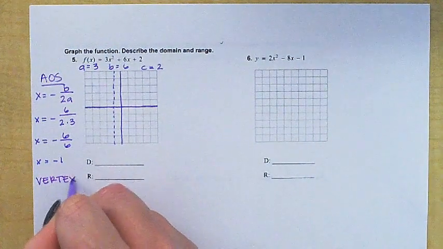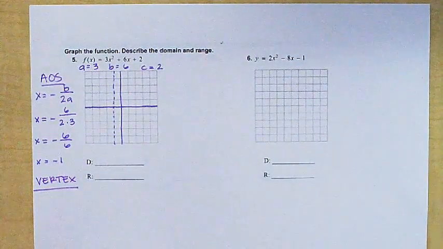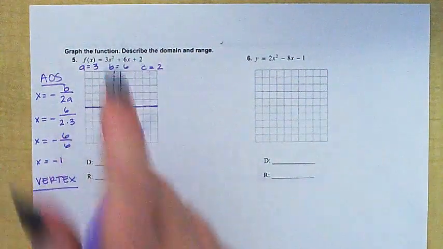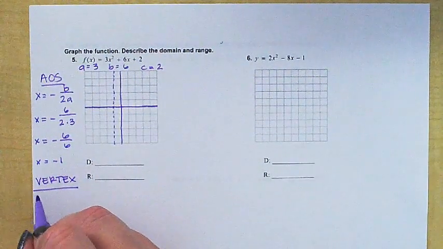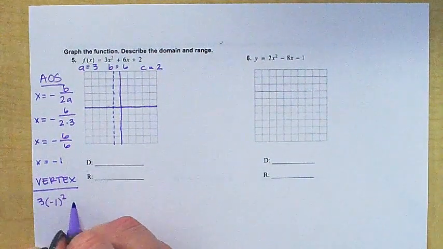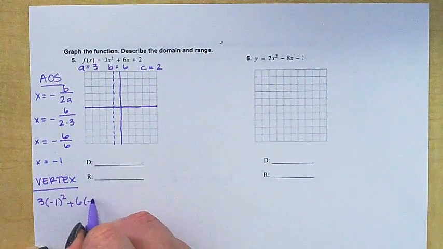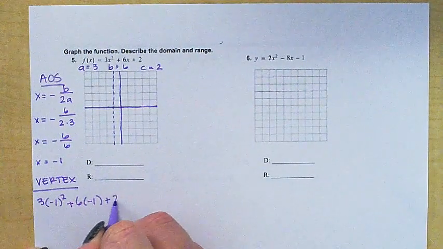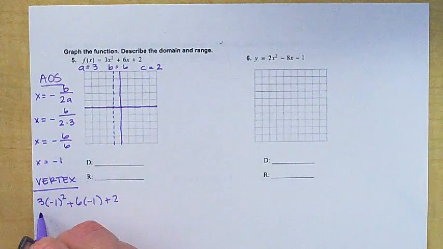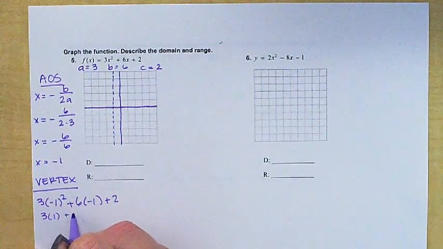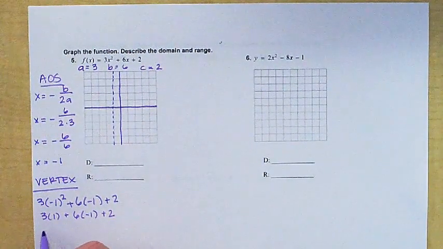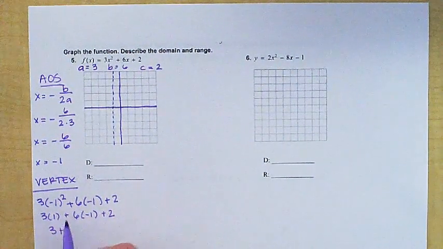So for our vertex, we're going to plug that x equals -1 back into our function up here. So we have 3 times -1 squared plus 6 times -1 plus 2. That will give us a 3 times 1 plus a 6 times -1 plus 2, and do our multiplication.